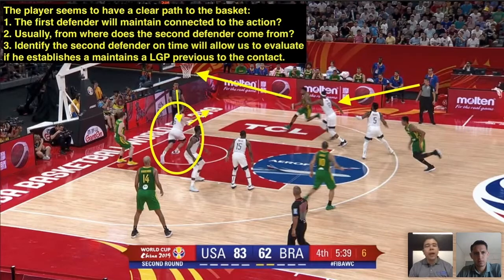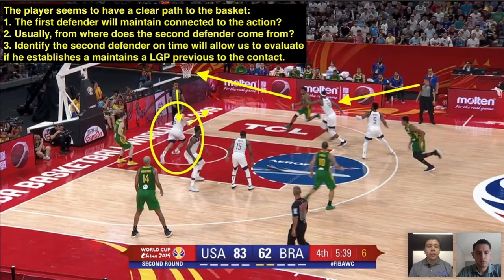So if I know that the second defender will come from the paint, I need to identify who will be. If I take him on time, it will allow me to evaluate if he is established and maintains the legal guarding position prior to the contact.